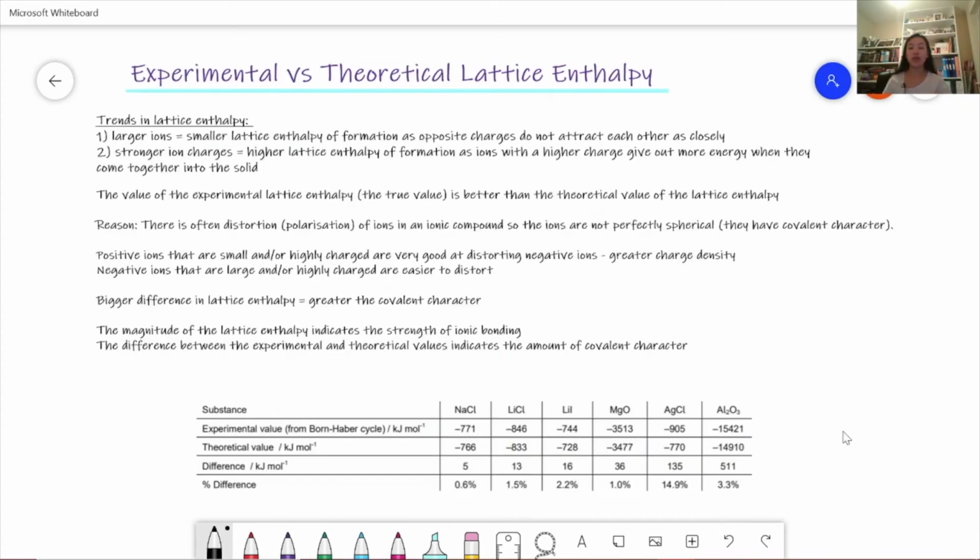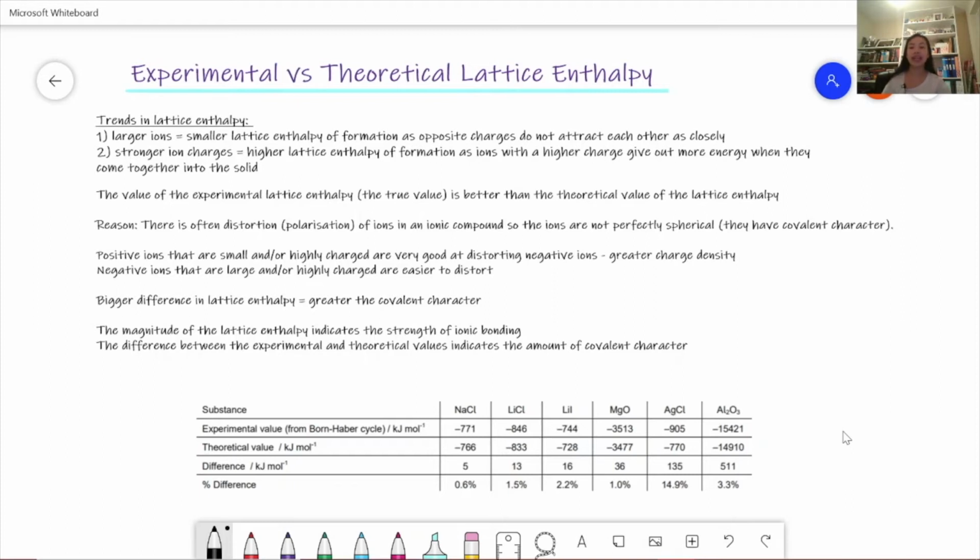So now I'm going to talk about comparing experimental and theoretical lattice enthalpies. So first we're going to look at the trends in lattice enthalpy. So number one is that larger ions have a smaller lattice enthalpy of formation, as the opposite charges do not attract each other as closely compared to if you had smaller ions, because the charges in the middle, there'd be less space between them if we had small ions, and so they would have a higher lattice enthalpy compared to larger ions.